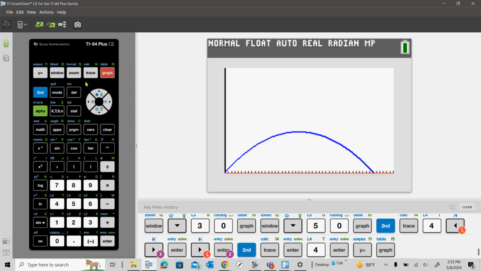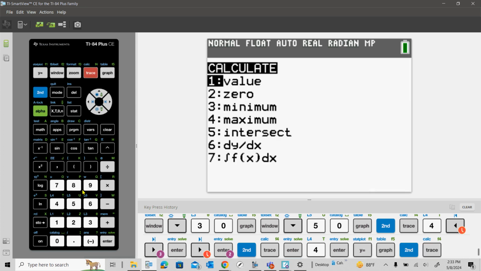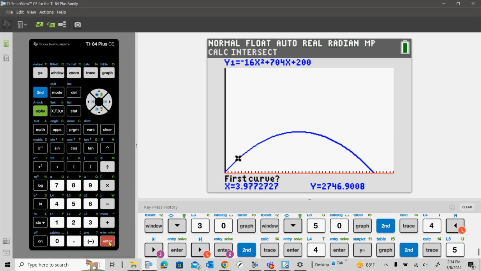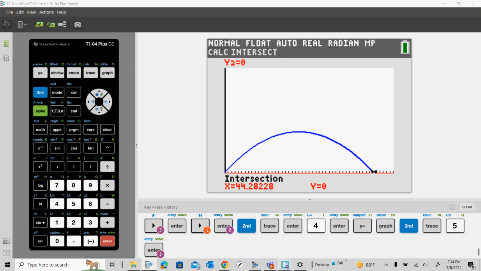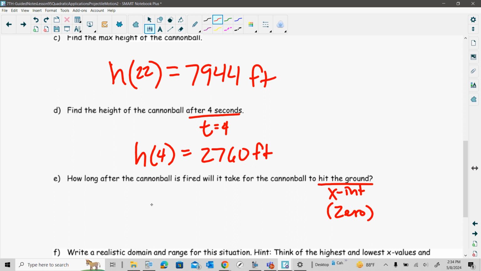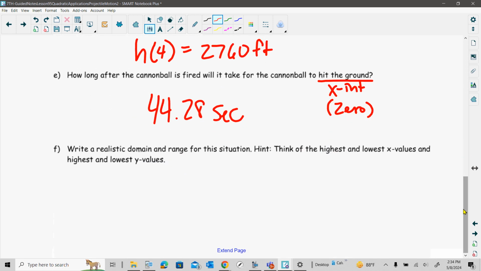And then look at our graph, and we want to go second trace, 5 intersect, and enter 3 times. And it takes 44.28 seconds.